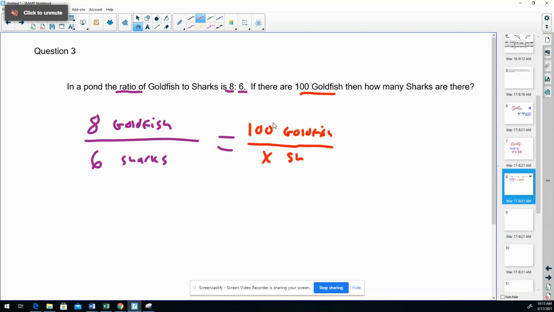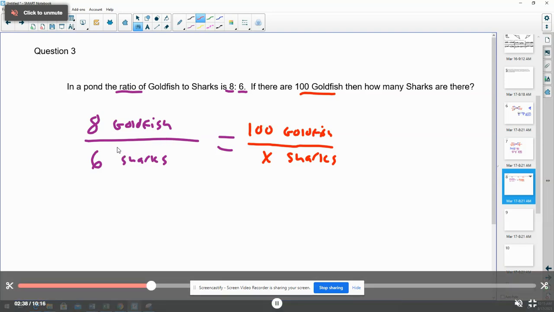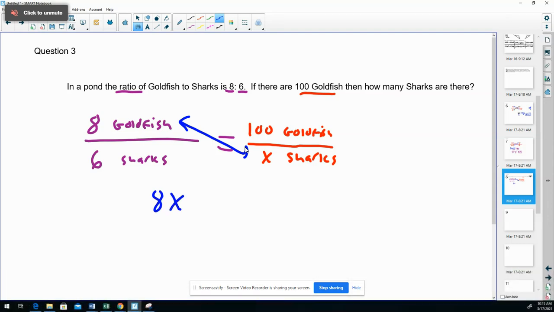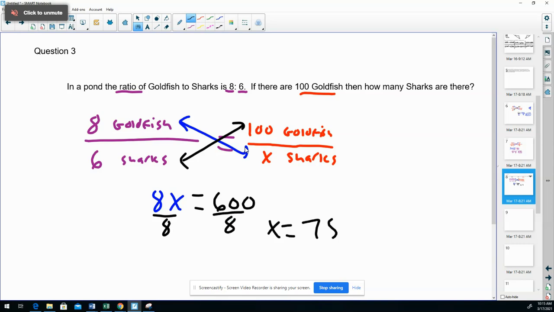Over x sharks. So now we cross multiply. 8 times x is 8x. And 6 times 100 is 600. Divide by 8. Okay, and x equals 75 sharks. Make sure you label.